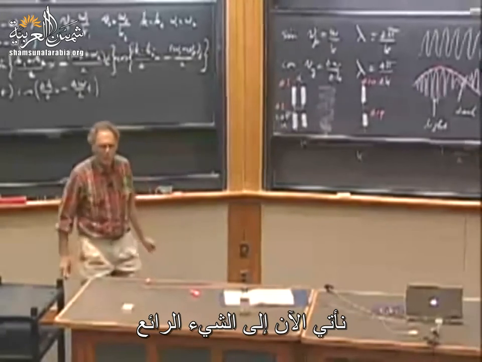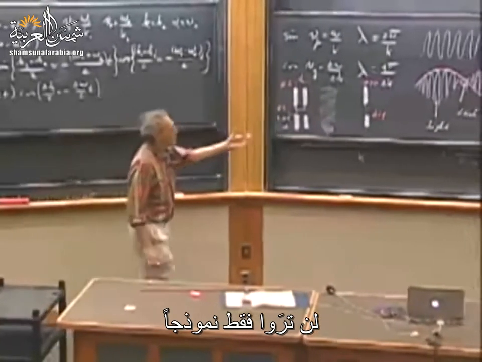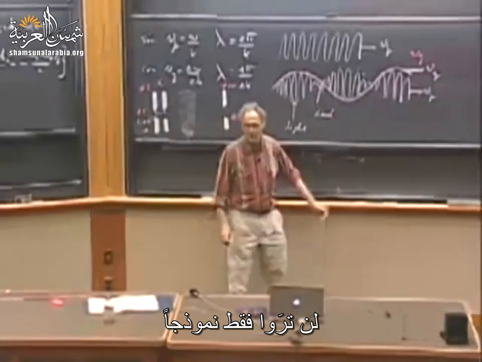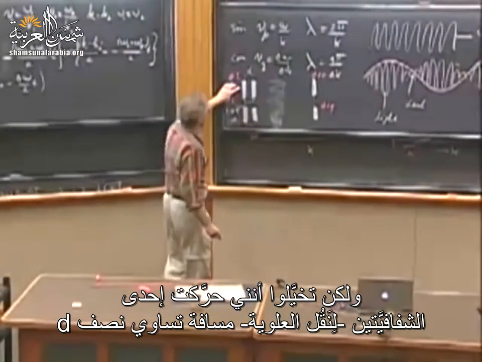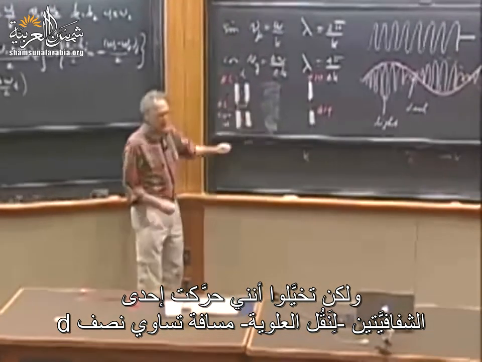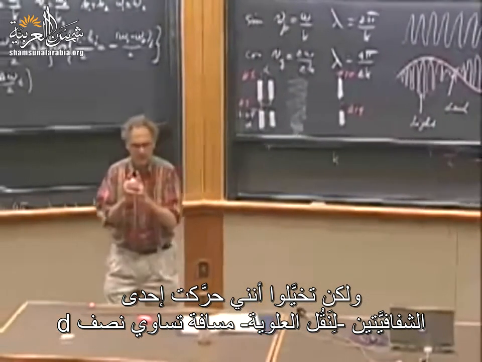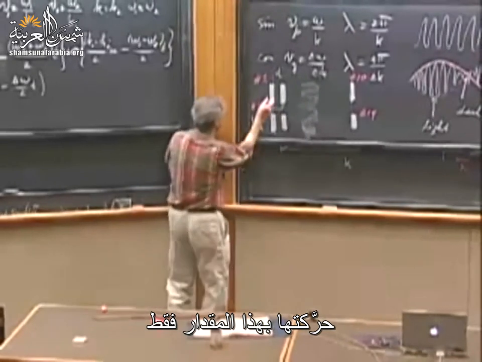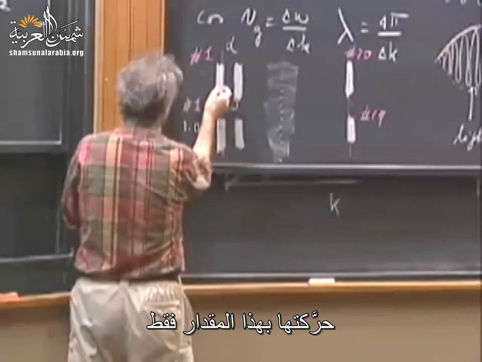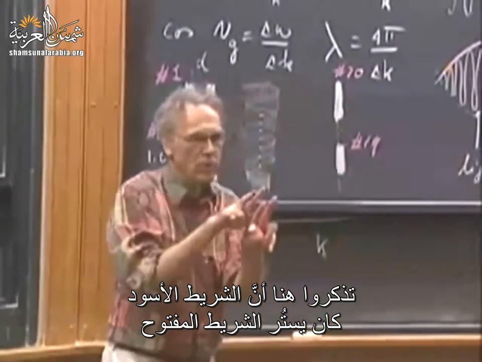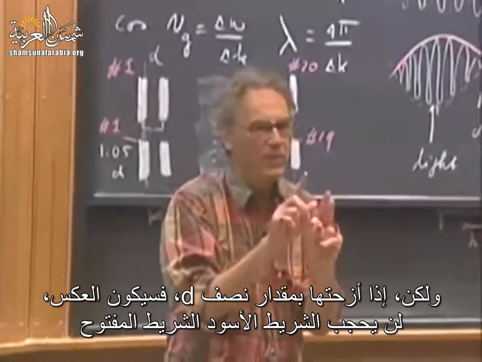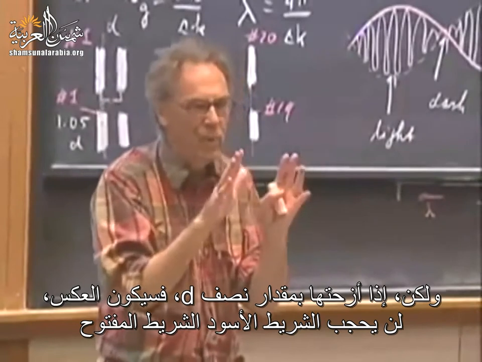But now comes the wonderful thing. Not only will you see such a pattern, but imagine now that I move one of these sheets, say the upper sheet, over a distance half D. So I move it only over this distance. Remember, here the black ones were occulting the open ones. But if I shift that by half D, it will be reversed.